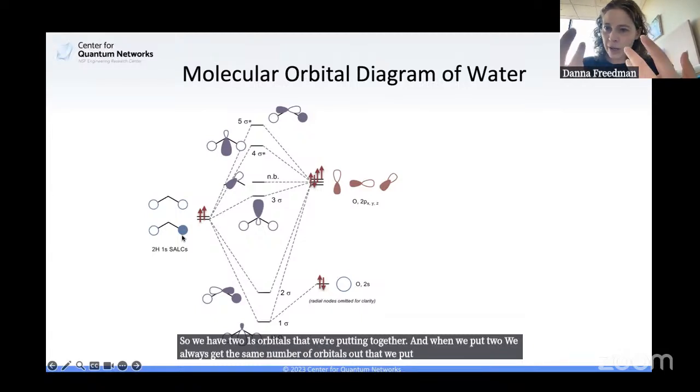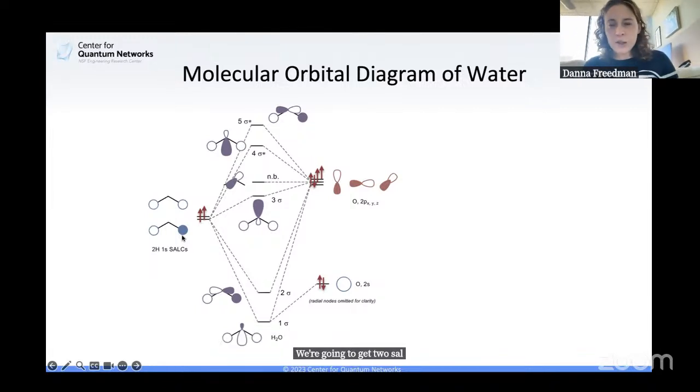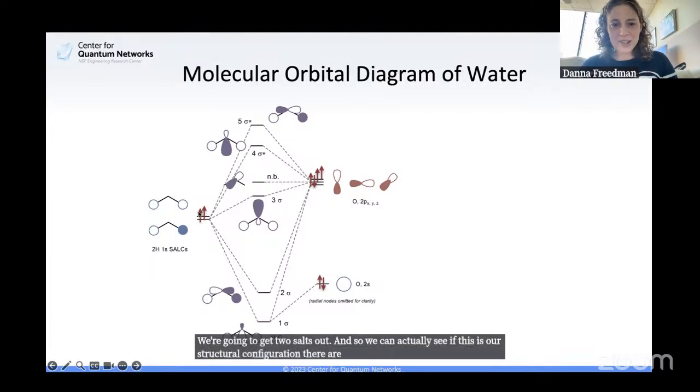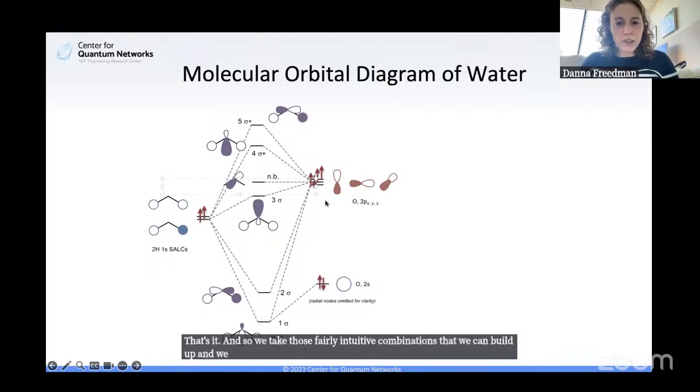So we have 2 hydrogen orbitals in, we're going to get 2 SALCs out. And if this is our structural configuration, there are really only 2 things we can do, right? They're in phase or they're out of phase. That's it.